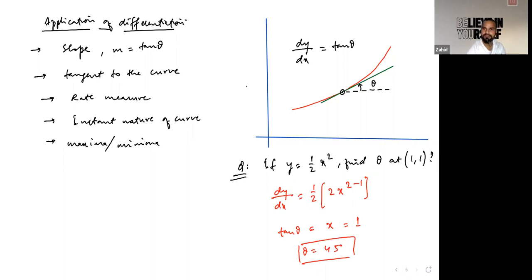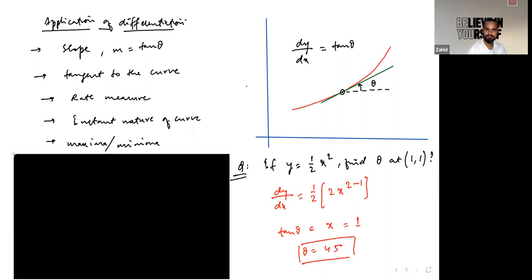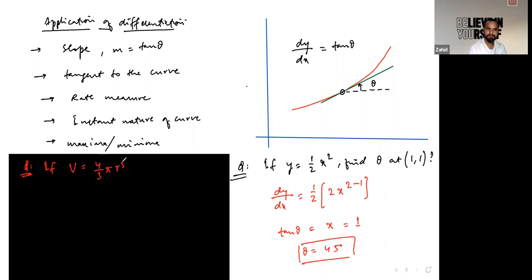Let's say the volume of any sphere is equal to 4 by 3 pi r cubed. We are asked to find the rate of change of volume with respect to its radius.